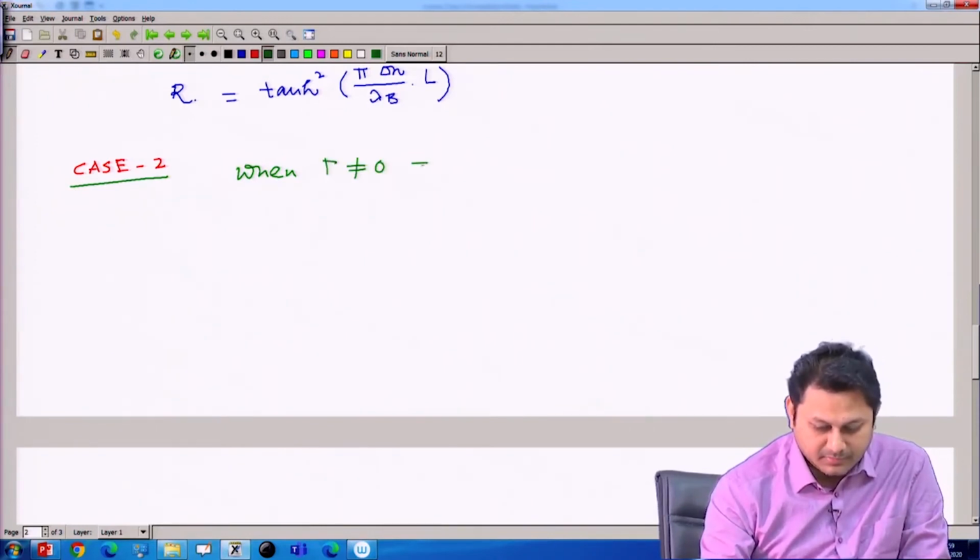That means the phase matching condition is not there anymore. So, 2 beta 1 is not equal to big K. Mind it, big K is 2 pi divided by lambda, the grating period.